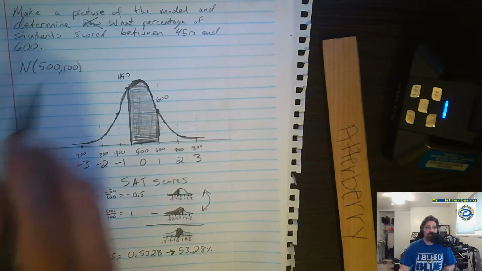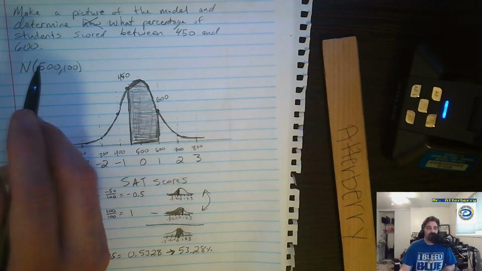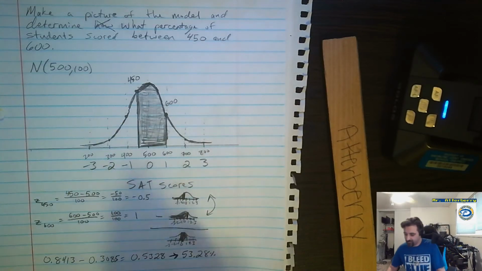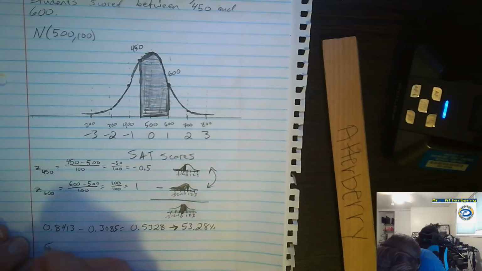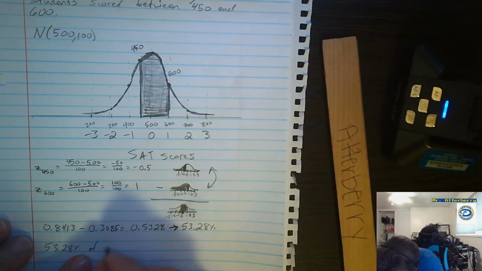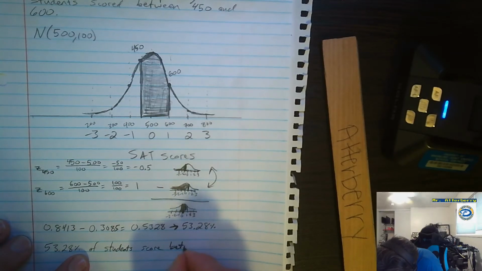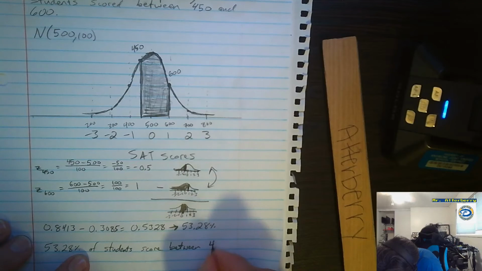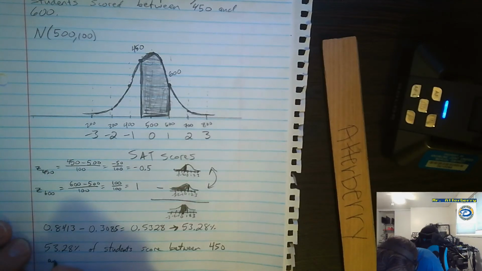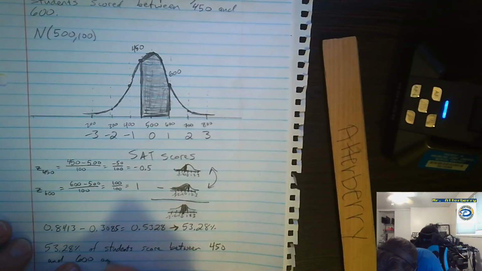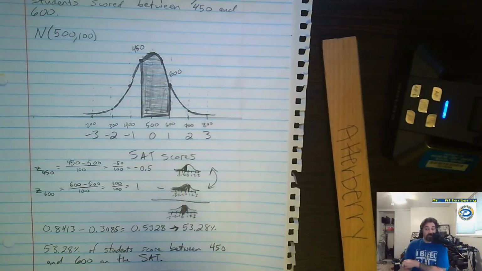The question is, what percentage of students scored between 450 and 600? Well, obviously, this is just for one section of the SAT, maybe the SAT math.